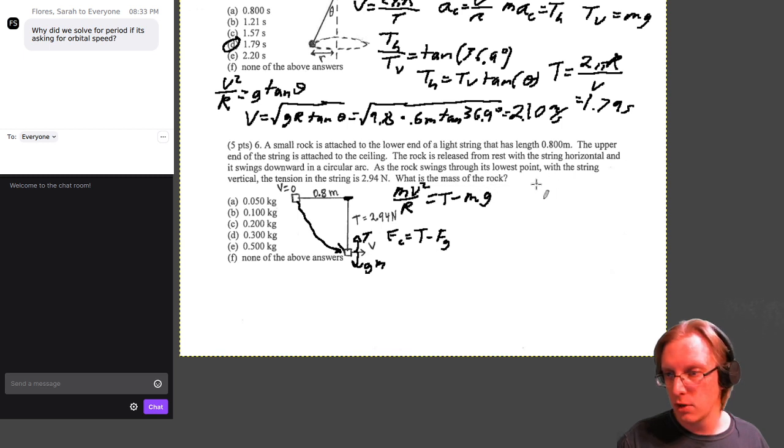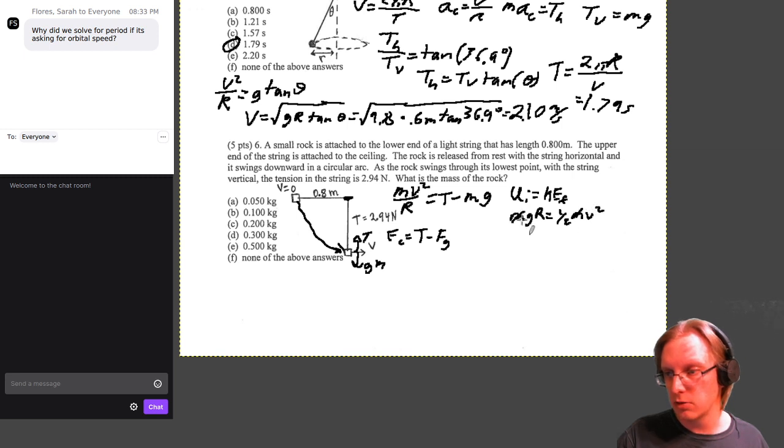All right, to find the velocity, we need to conserve our energy. We have a potential energy, initial, and that is equal to a kinetic energy, final. So that's mgr, starting r up, is equal to 1/2 mv squared.